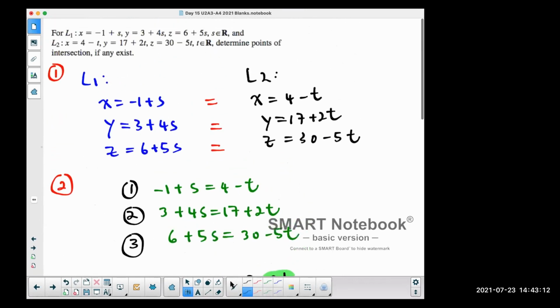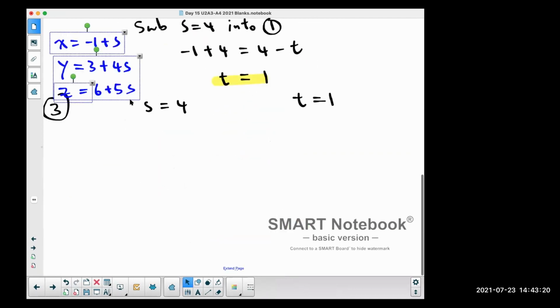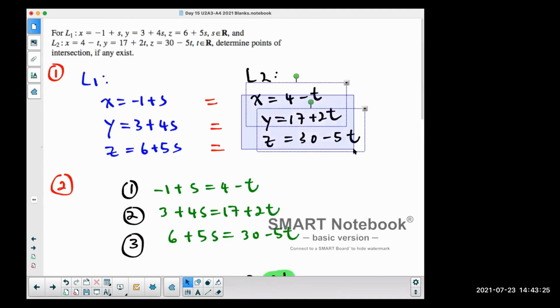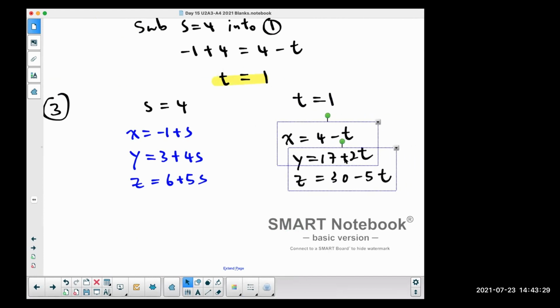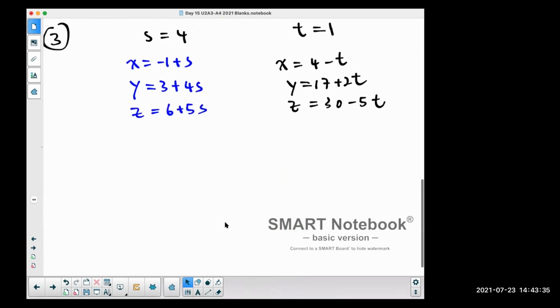So going back all the way up top, this is my first line and this is my second line. What happens when S equals 4?